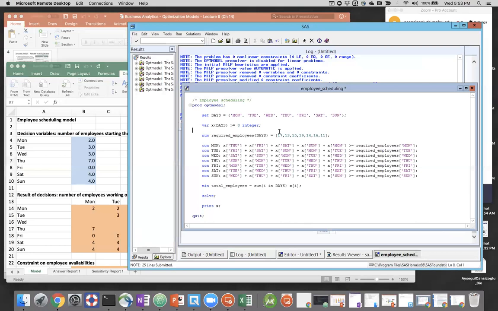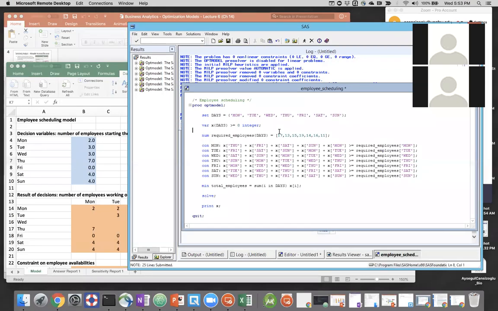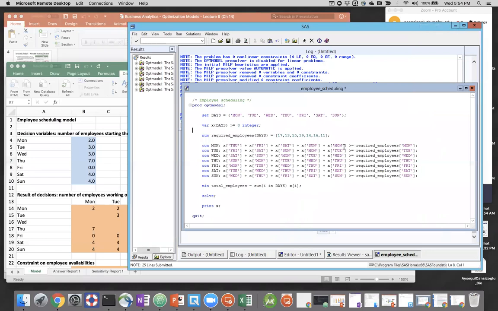So instead of writing the constraints or the objective function explicitly, one way is writing it with the index sets. And here, the index set is defined like this. So in this case, because each day is an index for many of the things like decision variable or objective function, we define days like this.